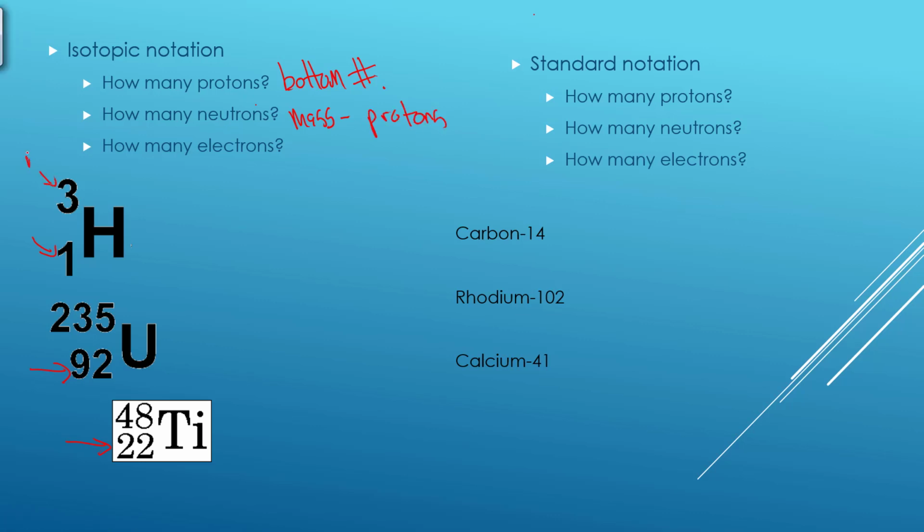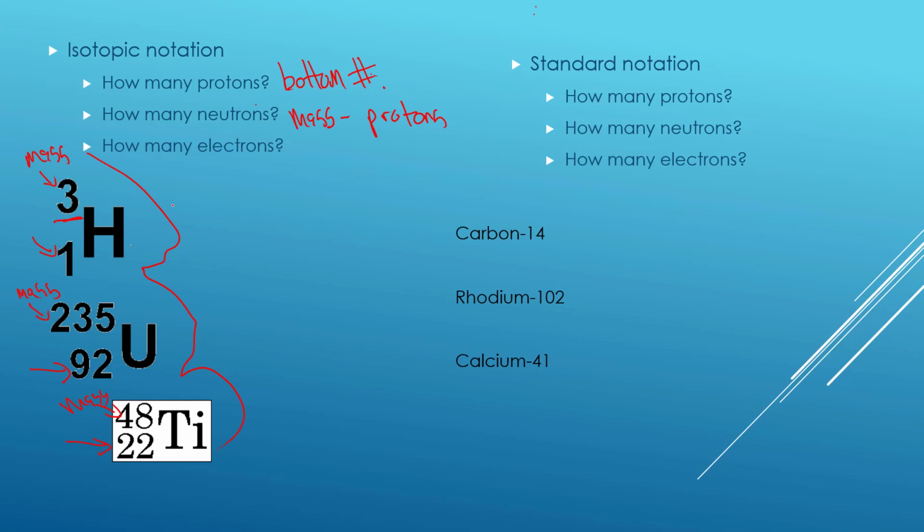The top number is the mass. What's the mass of hydrogen here? 3. What's the mass of uranium here? 235. What's the mass of titanium here? 48. Now you should write down these examples, and label them mass and protons. Neutrons are mass minus protons.